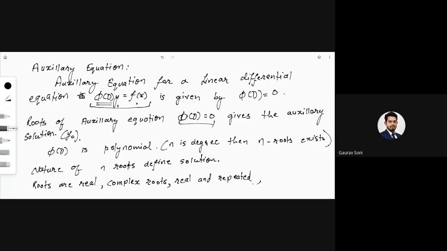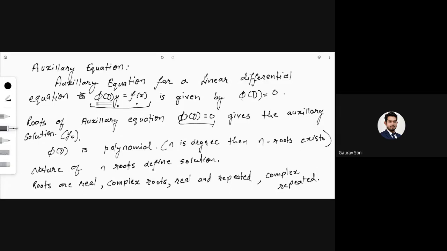And the last choice is complex repeated roots. So you give me any polynomial, and when I find the roots, there can be only these four cases.